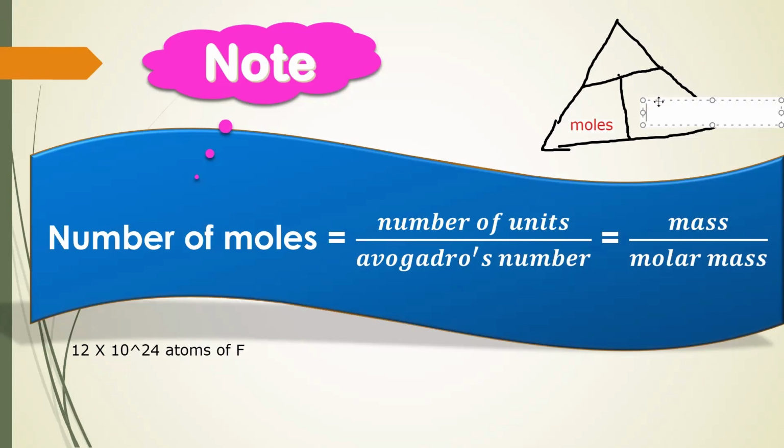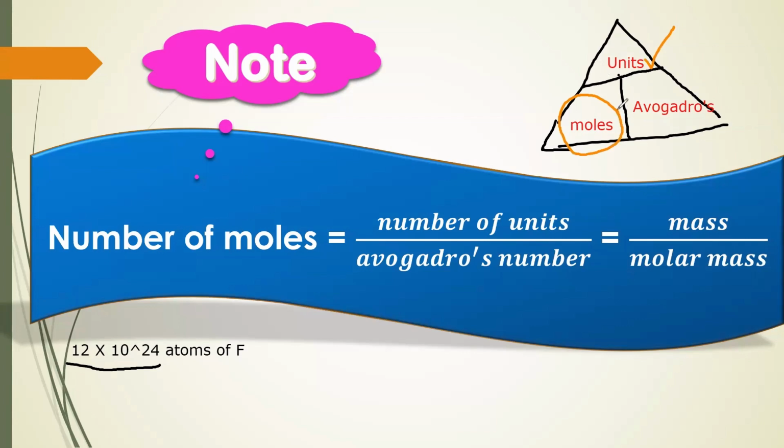And here the known number, which is Avogadro's number. And here the number of units. So what we have in our problem is the number of units, how many atoms. So we have this number of units and we need to calculate the mole.